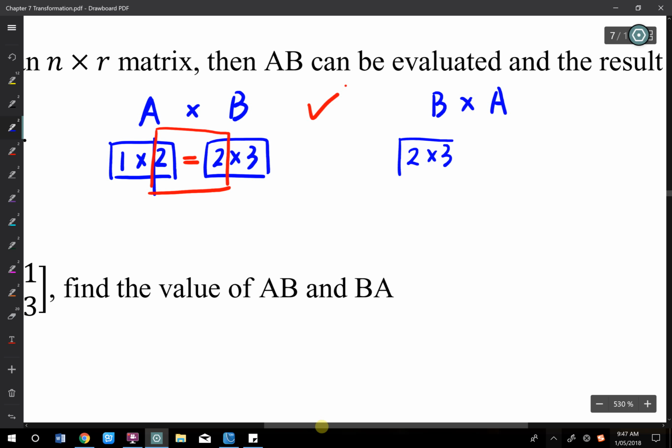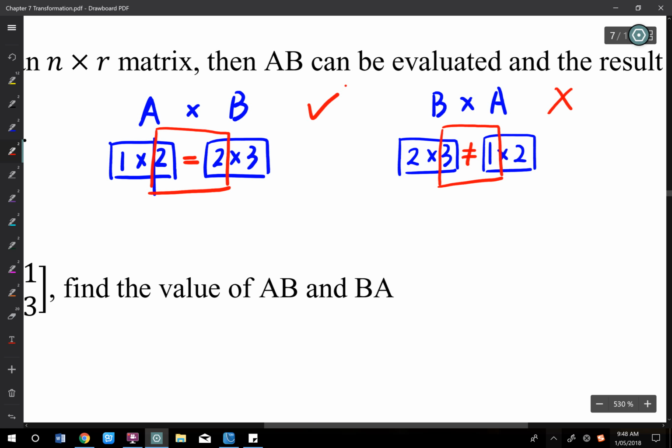The dimension for A is 1 times 2. We check the middle two numbers. They are not the same. Those two cannot be times together.